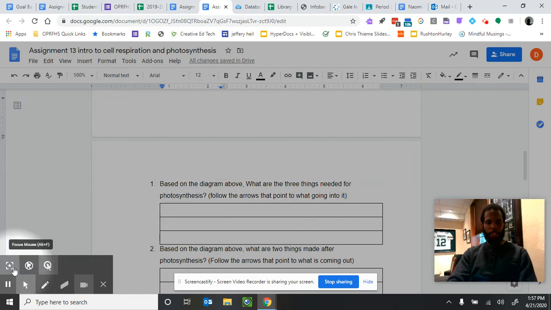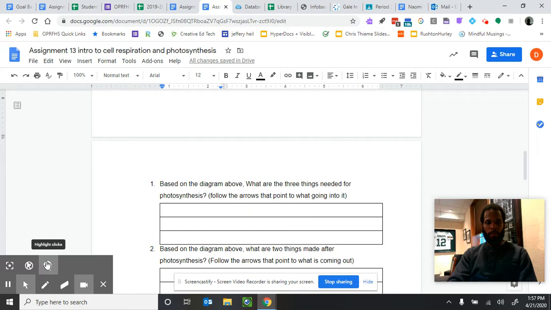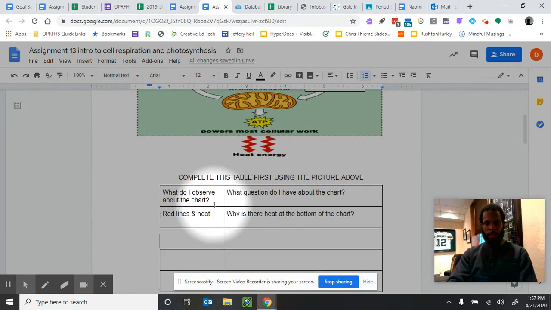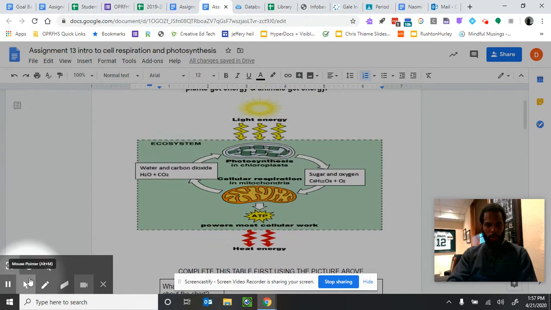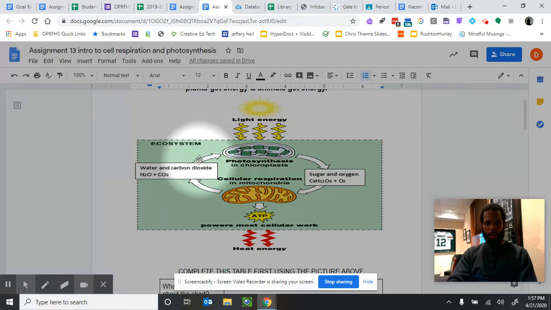So let's go back to the chart. Up here, let's find the word photosynthesis, and let's see what 3 things are needed for this to happen, to make energy for plants. If I follow the arrows here, what arrow is pointing in?